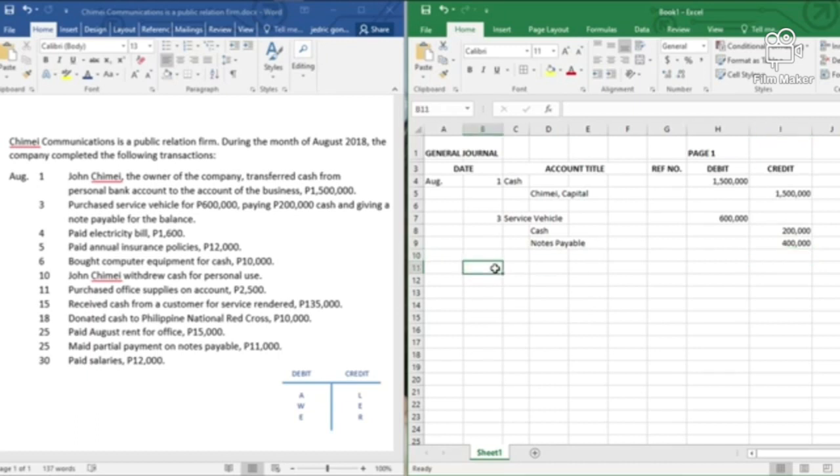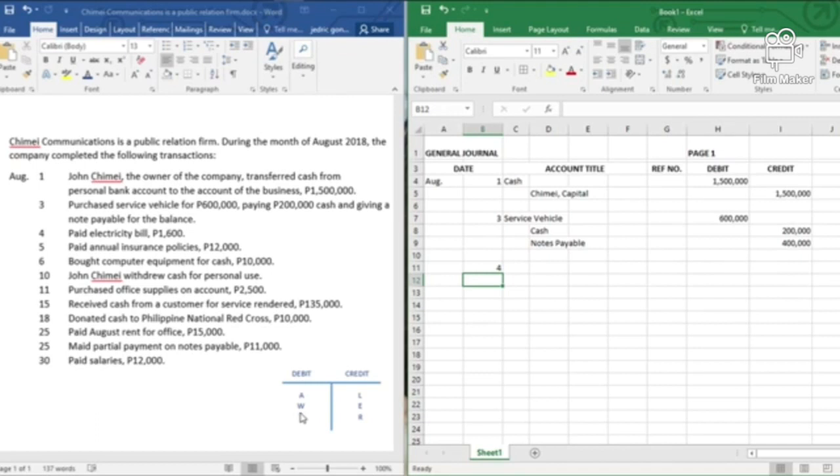Let's have August 4. Si August 4 naman, paid electricity bill, 1,600. So, nagbayad ng kuryente ang company. Nawala na naman sila ng pera kasi nagbayad ng cash, which is 1,600. So, alam mo na ang credit mo is cash. But then, ano ba ang binayaran niya? Ang binayaran niya is electricity bill. So, electricity bill is a utility expense.